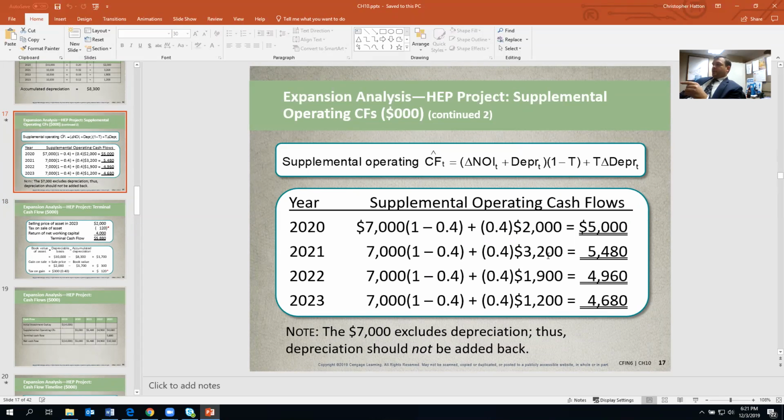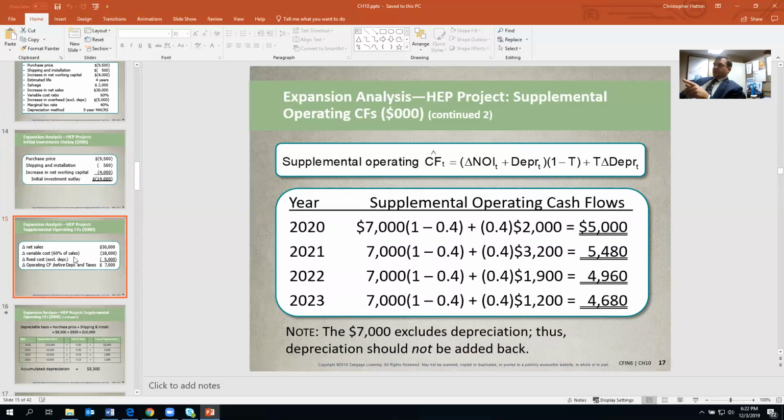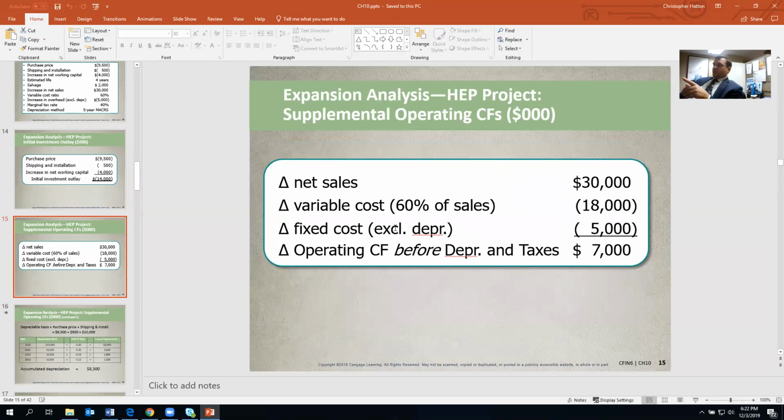And then these are your depreciation values, and then you add in plus that's this end part of the equation here, your tax rate times the change in depreciation. So this formula right here does not add in depreciation on the front end because the 7,000 excludes depreciation. So this is from this calculation here. So excluding depreciation.